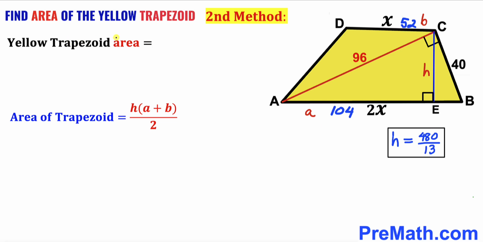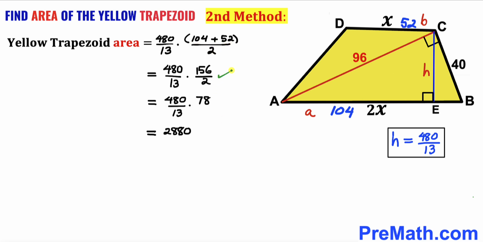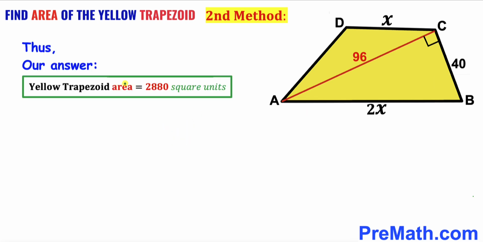So therefore the area of this yellow trapezoid is going to be 480 divided by 13 times 104 plus 52 divided by 2. And if we multiply and simplify, the area of this yellow trapezoid turns out to be 2880. So thus the area of this yellow trapezoid turns out to be 2880 square units by using this second method as well.